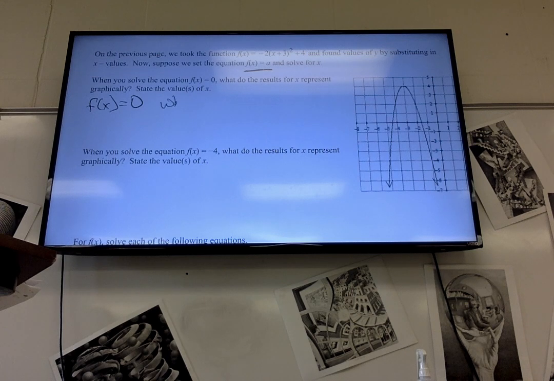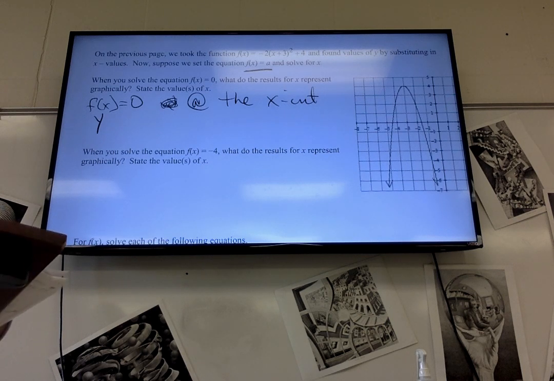Good. At the x-intercepts. So I know at the x-intercepts, f of x is the same thing as y, and y is 0. If I had to look at it and just guess, what would you say x is approximately?